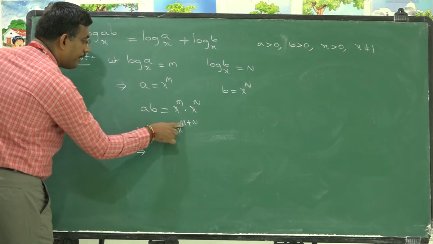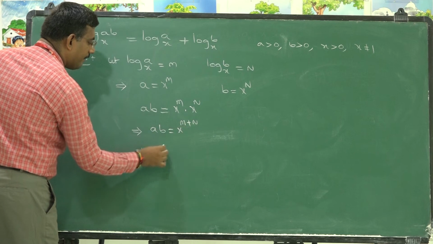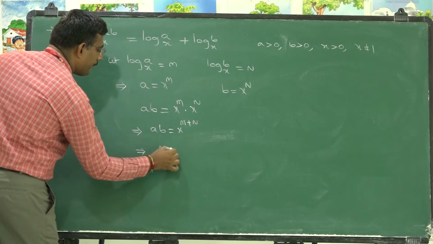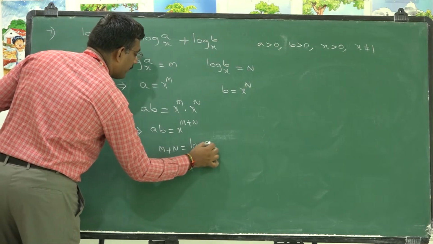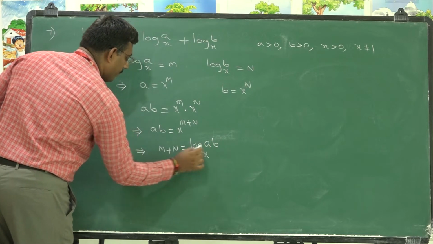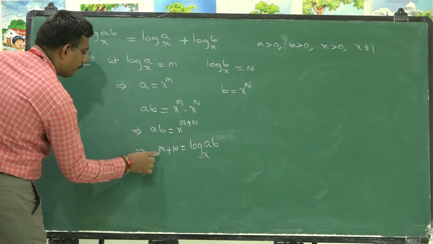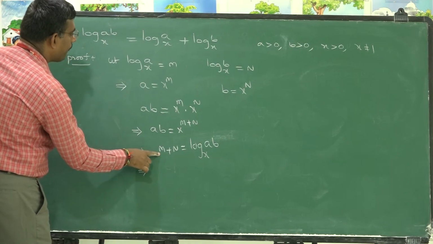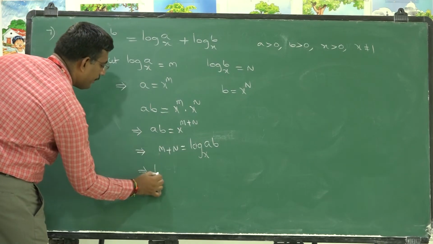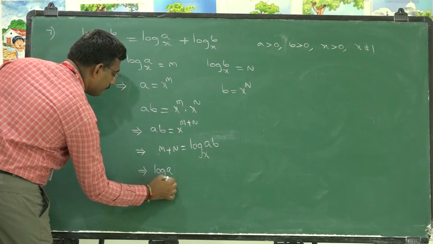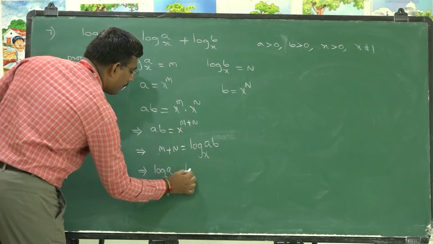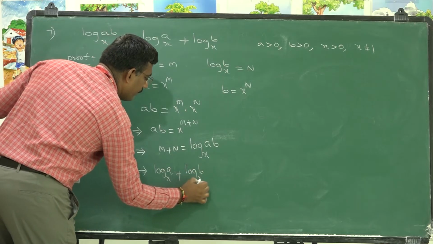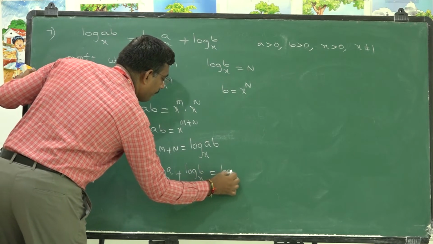The exponent m plus n is called logarithm of ab to the base x. So substitute m value and n value here. m value is log a base x plus n value is log b base x, that is equal to logarithm of ab base x.